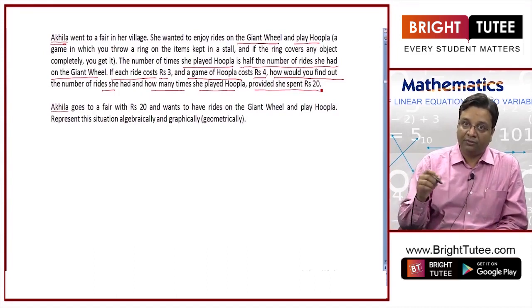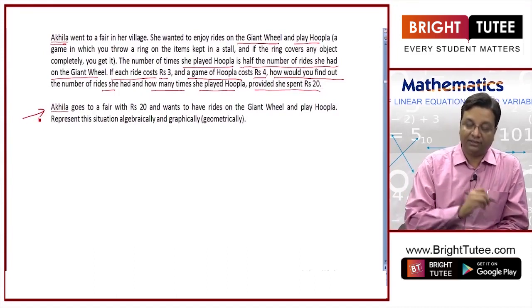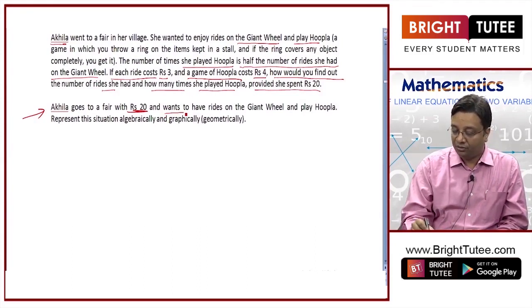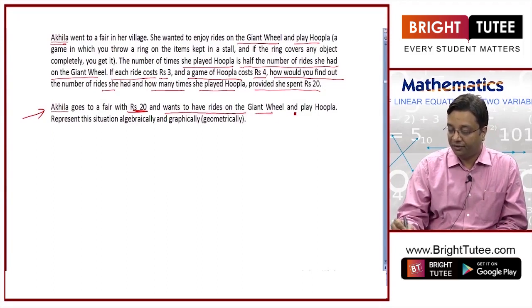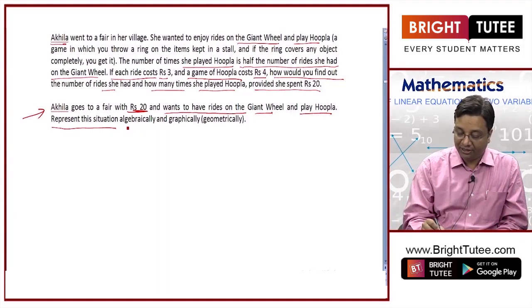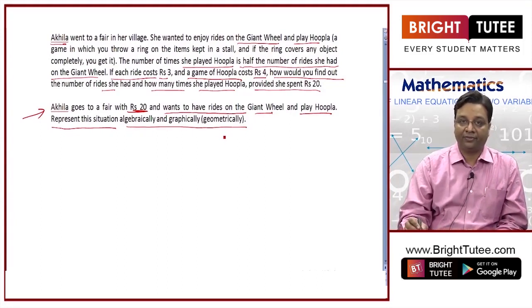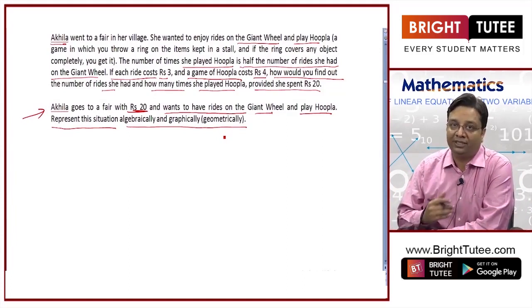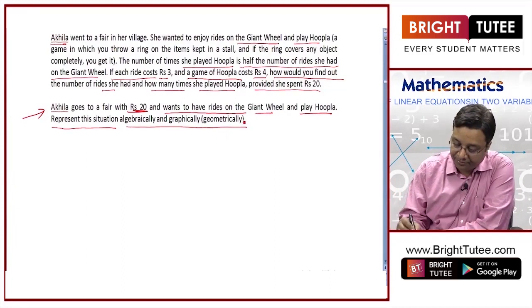Now let us move to the part where it is asking the question. Akhila goes to a fair with rupees 20 and wants to have rides on giant wheel and play hoopla. Represent this situation algebraically and graphically. So for this example we just need to represent this situation algebraically and graphically.